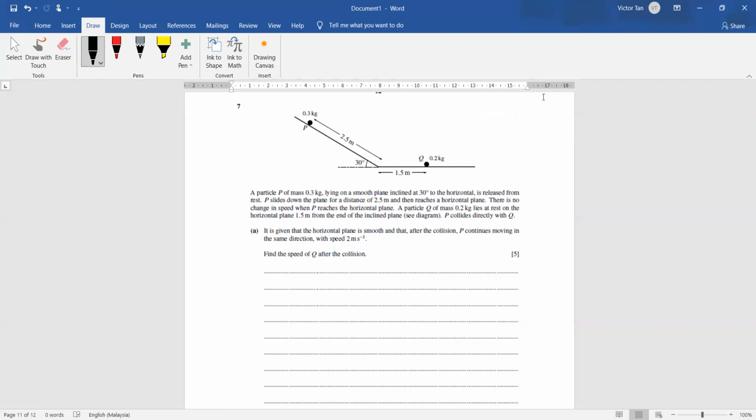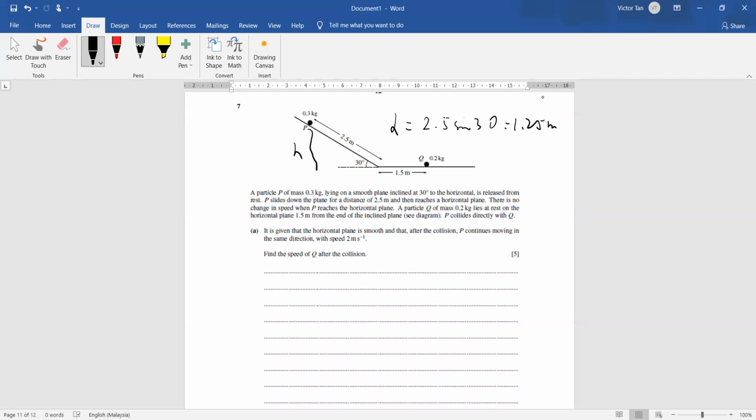So using energy, you can find the speed of P when it reaches the bottom of the inclined plane. Here, the diagram is drawn for you, so it is quite easy. So H equals 2.5 sine 30, which equals 1.25 meters.